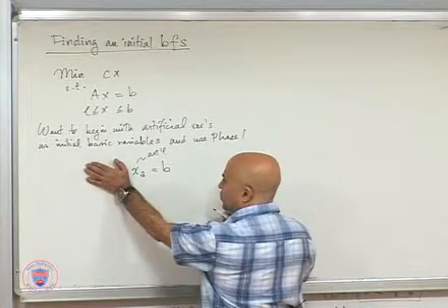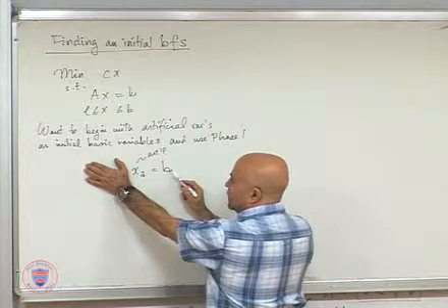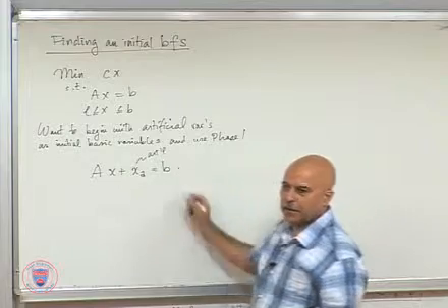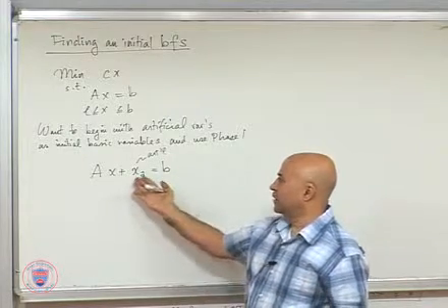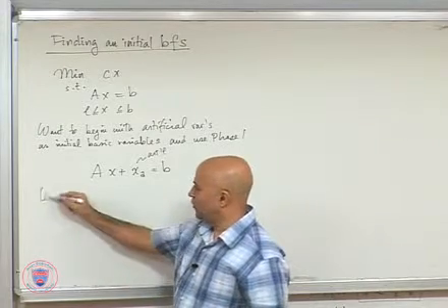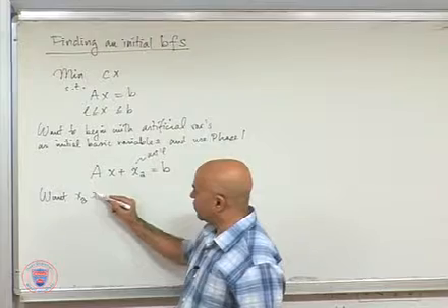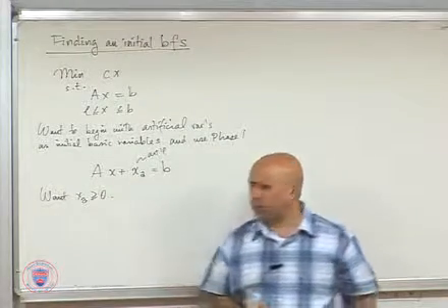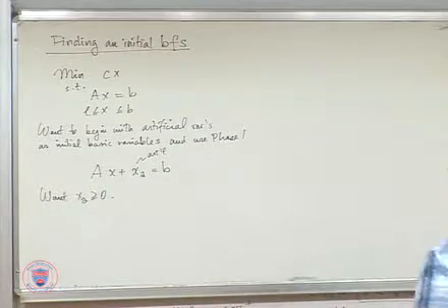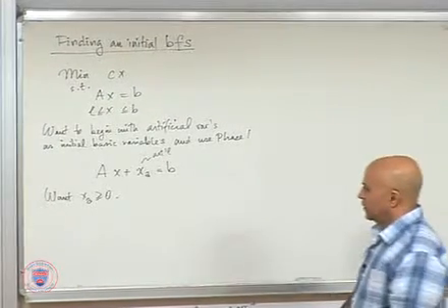If you were able to do that, x_a would be equal to b, and if b is non-negative, then that's the only requirement on the artificial variables. So whatever values they assume, we want to make sure that they are non-negative. Okay? There's no upper bound for that.